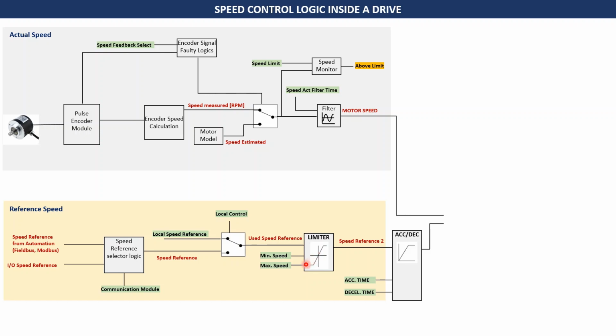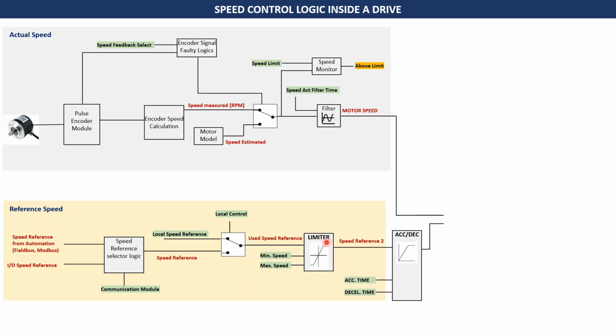You would never want to set a reference speed which is more than the rated speed of the motor. So let's say if the motor is rated at 1050 rpm, your maximum speed has to be 1040 rpm. You don't want to run the motor beyond that because it's a safety feature. You might have motor burn if you try to run it at a higher speed than the rated speed.